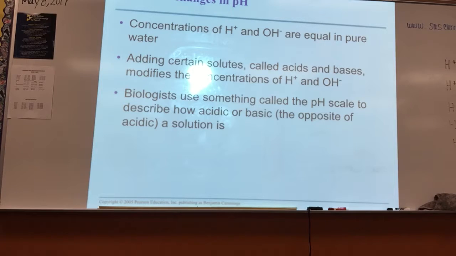Isn't it that an acid has more H, so it's a lower pH? That's exactly right. Acids, by definition, release H plus ions into the solution. So when you add an acid, it's releasing H plus ions.